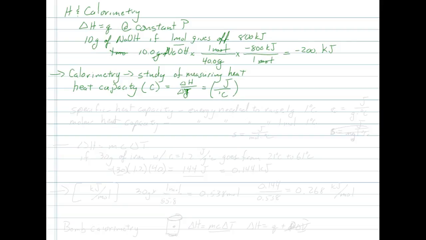You'd have to figure out how much energy it takes for each individual object. So this is not too useful, except for one case where we have a calorimeter and we have to find out how much energy is absorbed. Unless you're using the same object over and over again, the heat capacity is not too useful.